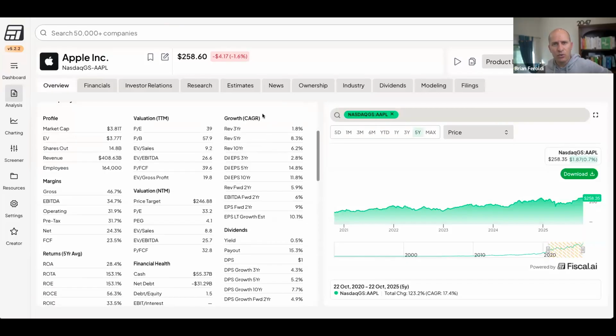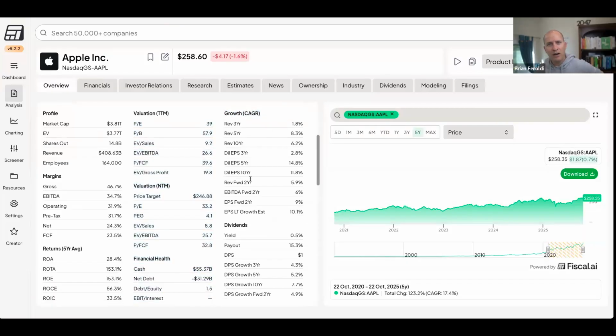And if you look at the growth section here, one thing that I love about Fiscal is it shows you right here, over the next 2 years, Wall Street expects revenue to grow about 6% annualized. And over the very long term, earnings per share is expected to grow 10% annualized.